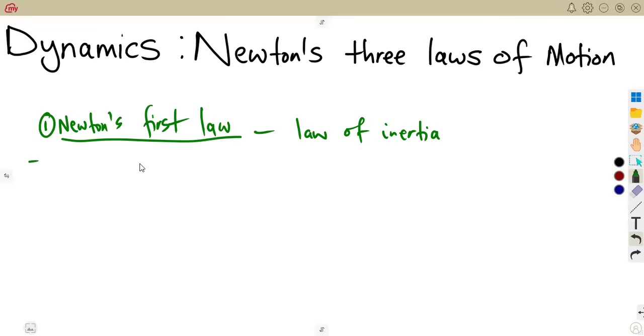We know that a body will remain at rest or moving at a constant speed or velocity. Let's say this is the body. It can remain where it is, or it can be moving, but moving at a constant velocity.